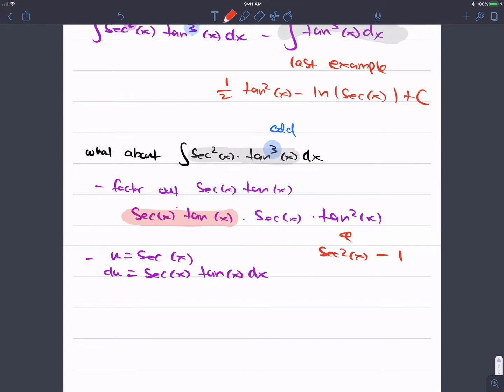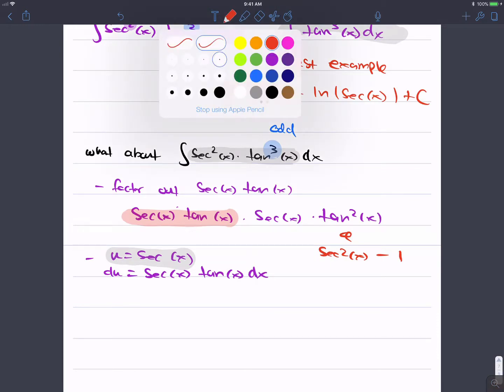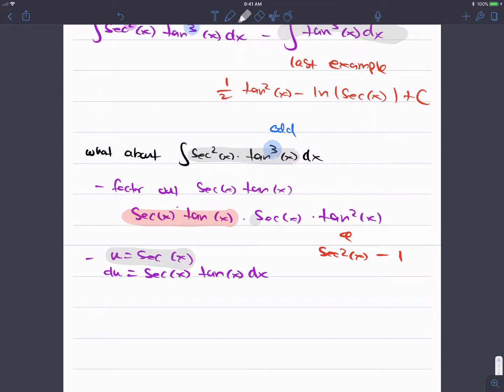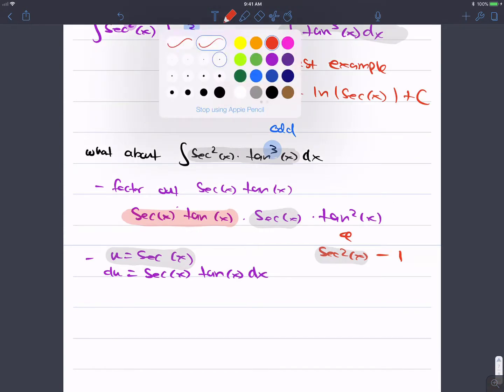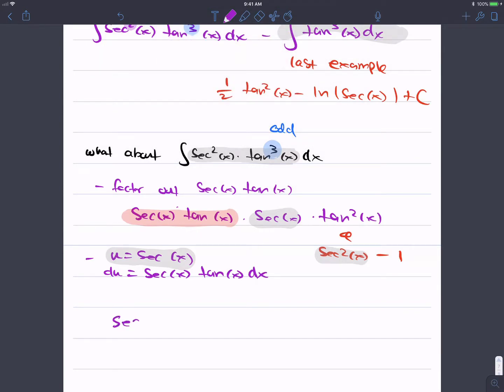And because my u is secant, wherever there's a secant, I replace it with a u. So here's a secant, here's a secant squared. We replace them with u: secant tangent, u times u squared minus 1, and there is a dx, and we are integrating.